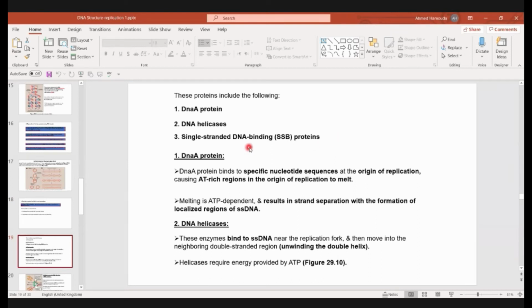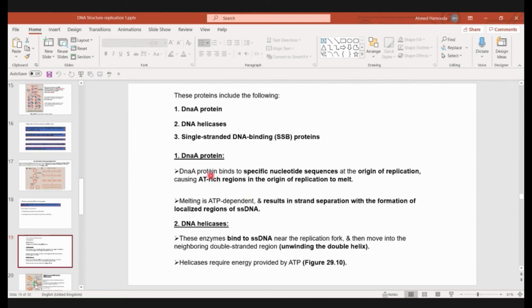So the single-stranded DNA binding protein protects the DNA strand. The DnaA protein, the first one, binds to a specific nucleotide sequence at the origin of replication, causing the AT-rich region in the origin of replication to melt. We talked about this.